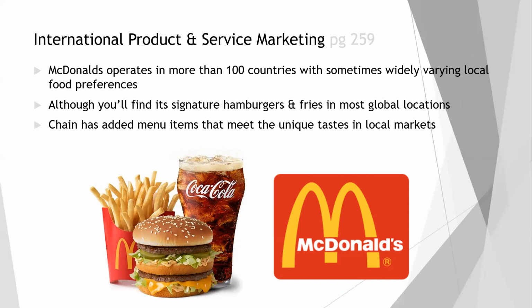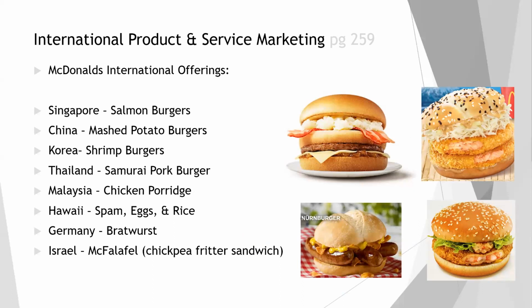You will usually still find the signature hamburger, cheeseburger, and fries in most global locations, but the chain has added menu items to meet the unique tastes in these local international markets. Here are some examples of international offerings.